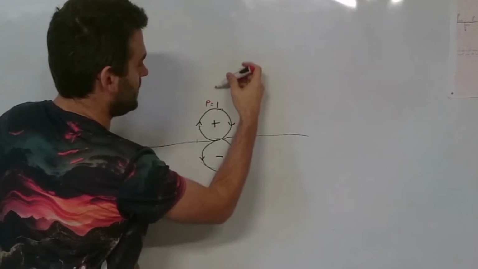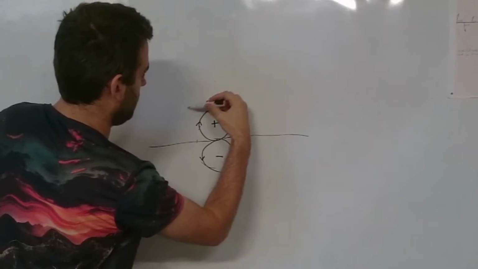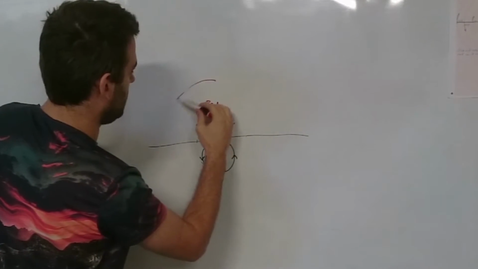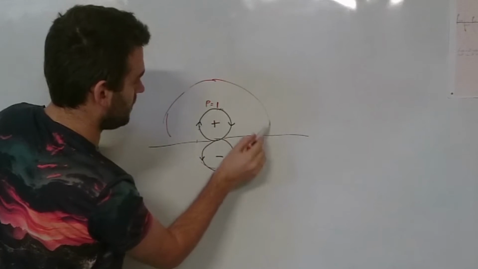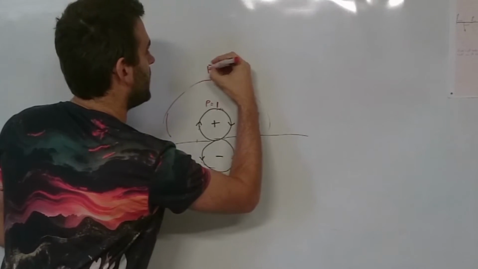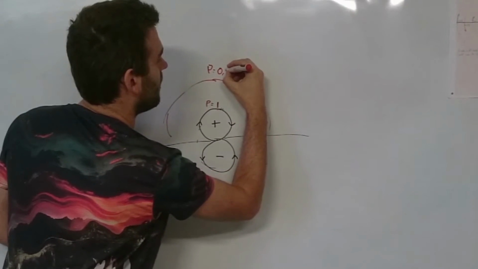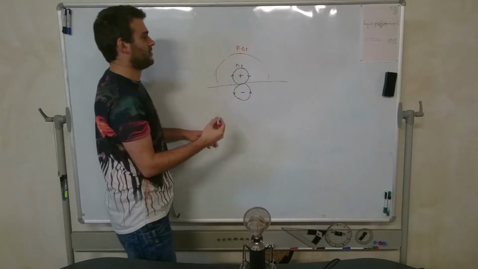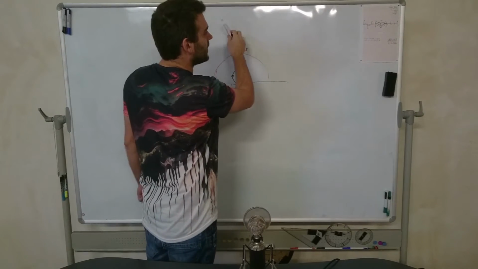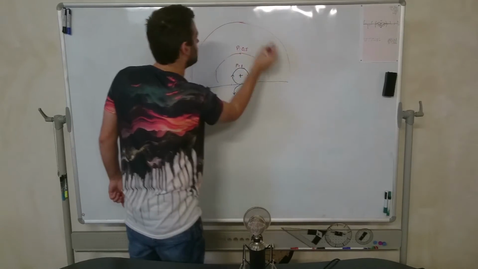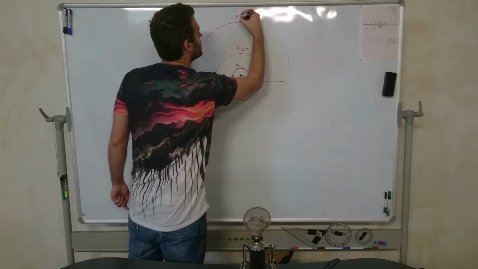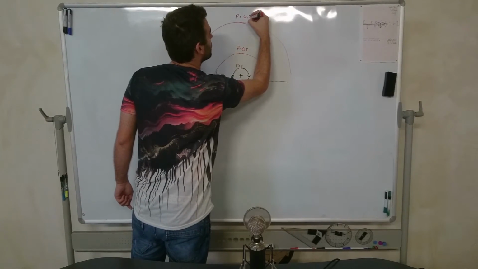And at twice the distance, we would call this circle that we can draw around it here somewhere pressure equals 0.5, half of the pressure. When we double that again, we get another circular part with pressure equals 0.25.